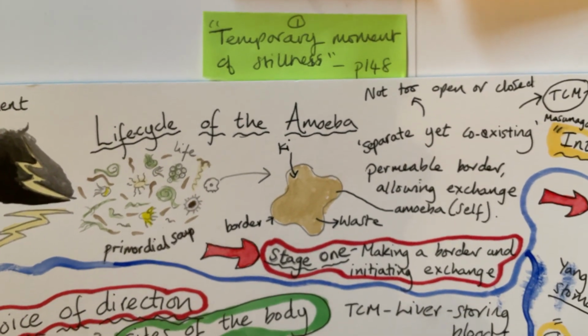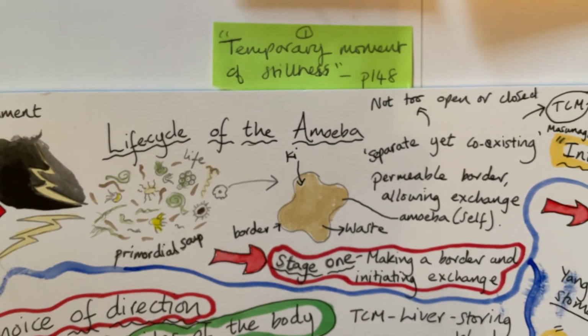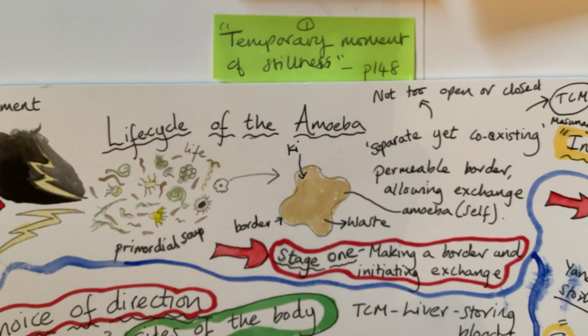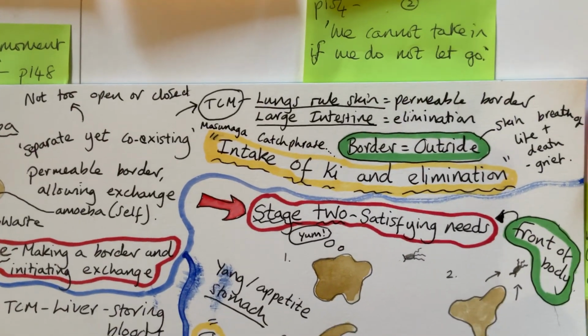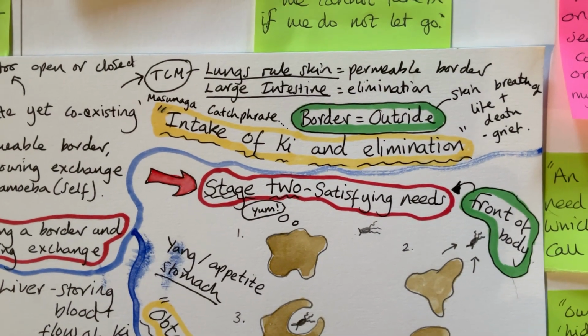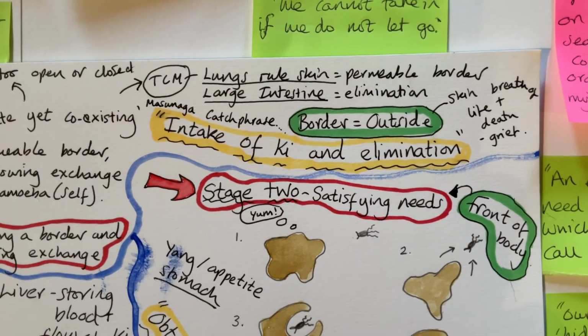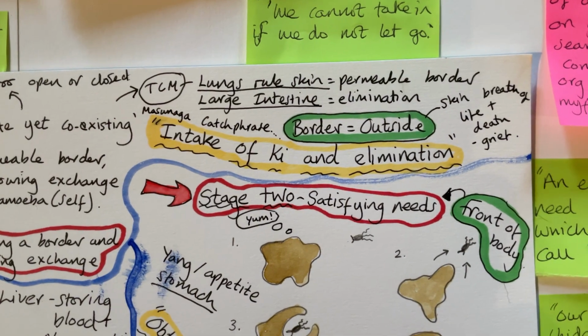As described by Beresford Cook, there is a temporary moment of stillness at this stage. In traditional Chinese medicine terms, the lungs rule the skin, which is like a permeable border, and the large intestine deals with elimination of waste.